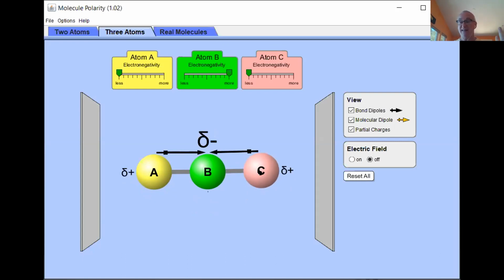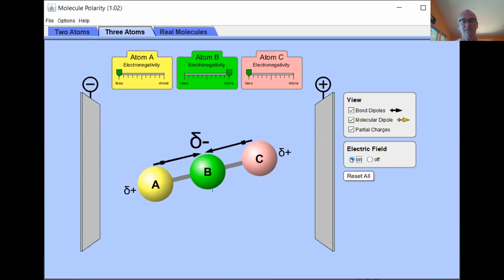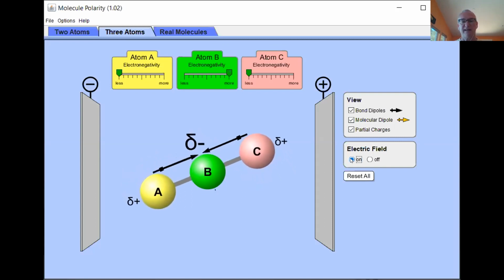if C looks exactly like A, if I take that molecule and I flip it over and it still looks exactly the same, basically it means it's symmetric, right? This molecule is symmetric. And if I turn on the electric field, I guess I haven't got it exactly.